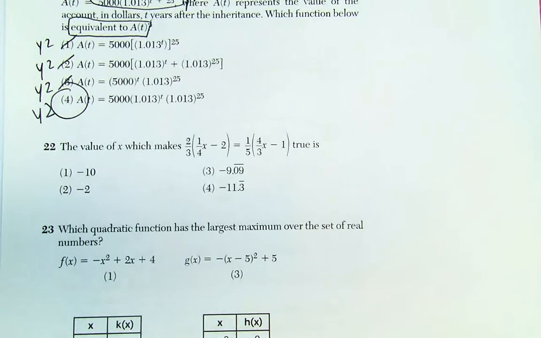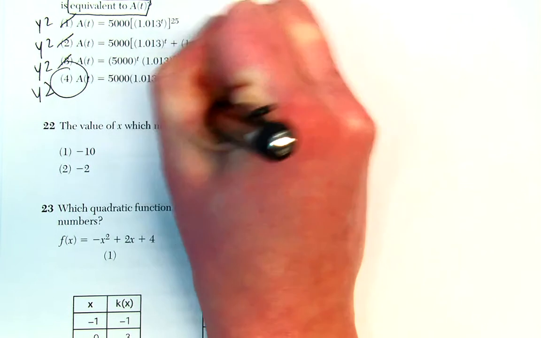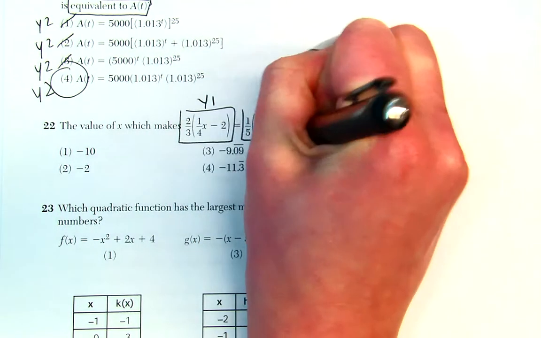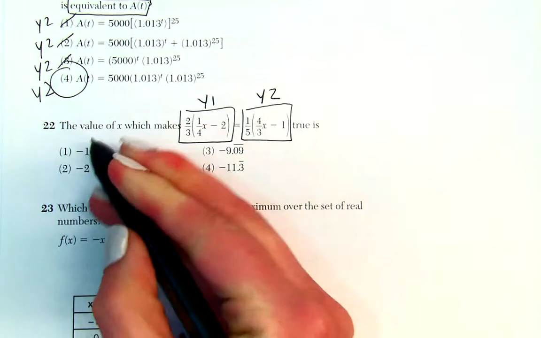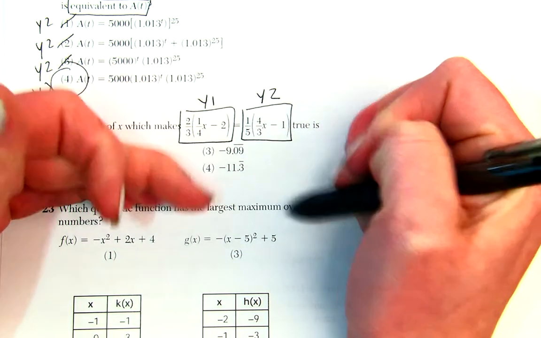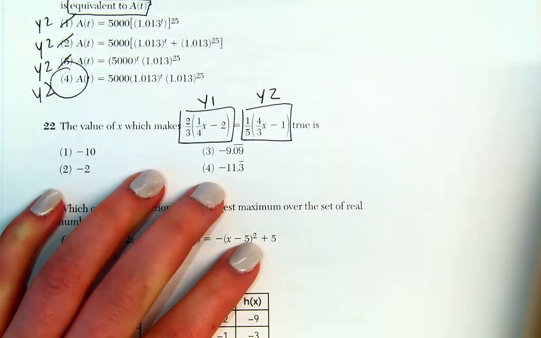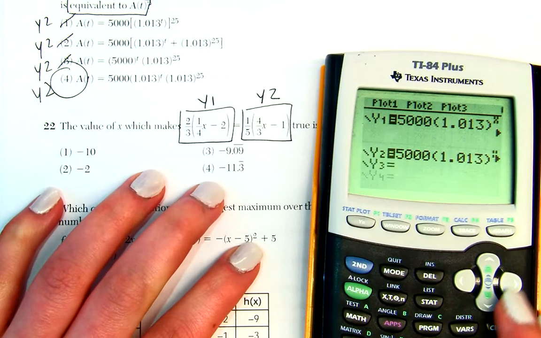If you take a look at example number 22, we once again are asking for the value that makes it true. So this is going to be y1. This can be y2, because here are the x values I will plug into both sides of the equation to determine if these x values make them true. So I can go into y equals.